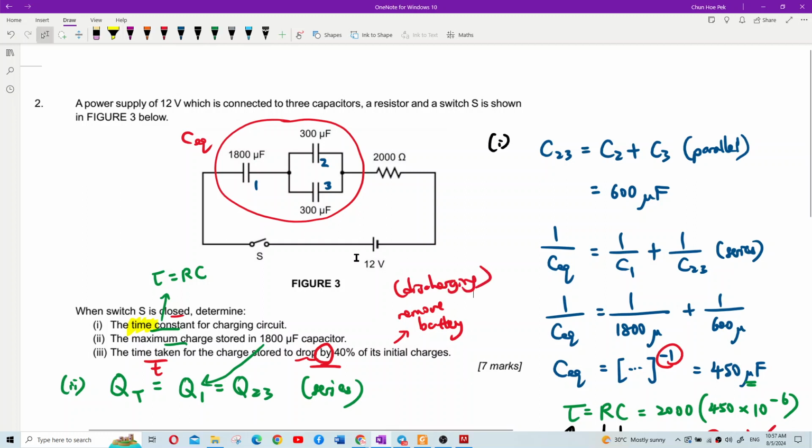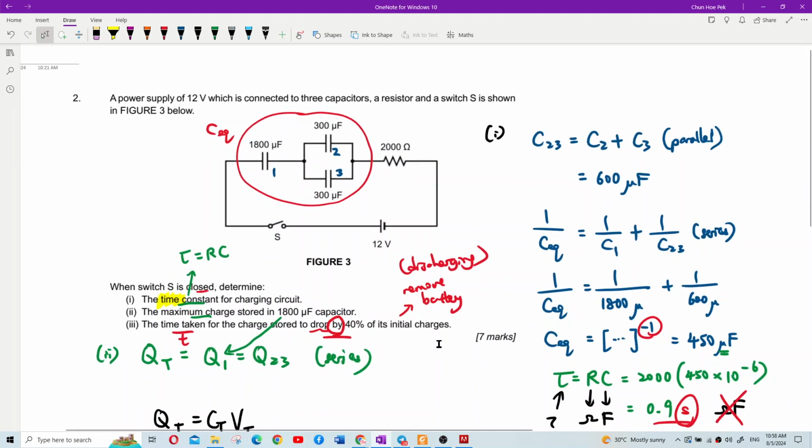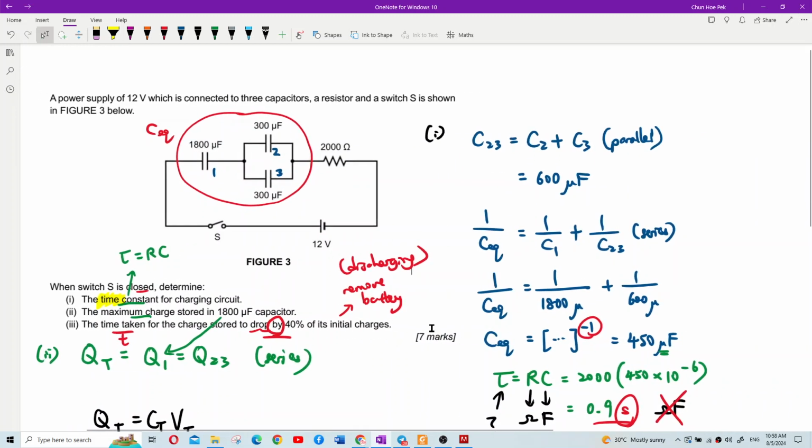You should say the switch is closed and the battery is removed. So the circuit remains connected and the capacitor starts to discharge across the resistor. So drop by 40% of the initial charge.